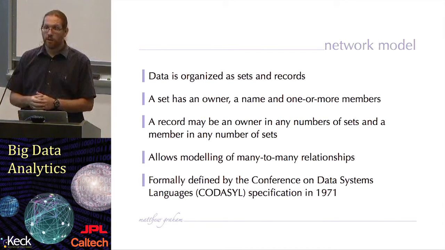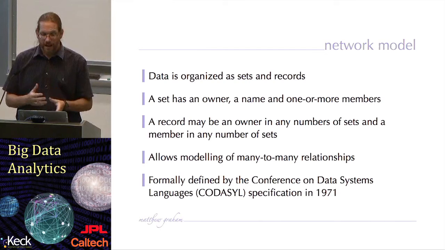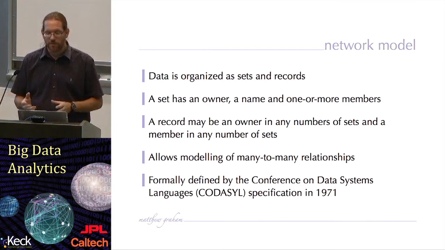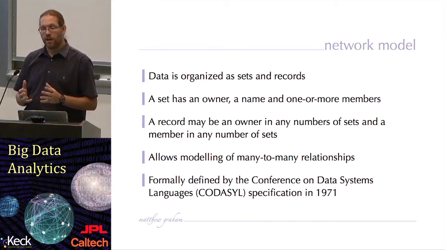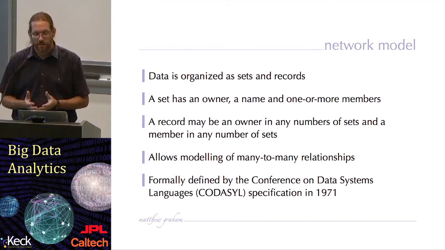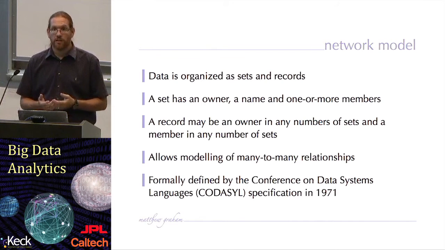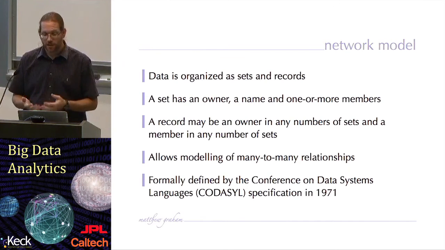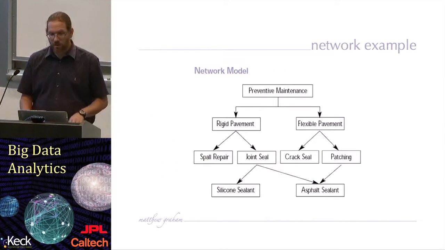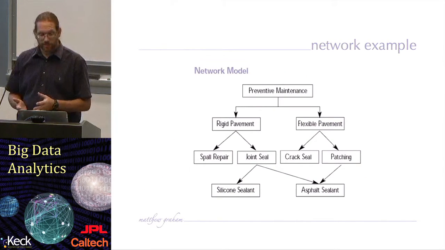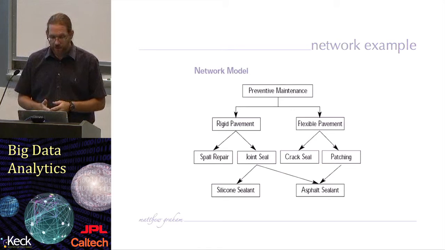And this allows the modeling of many-to-many relationships. This was a data model formally defined by the CODASYL specification in 1971 and has been used in a number of applications.